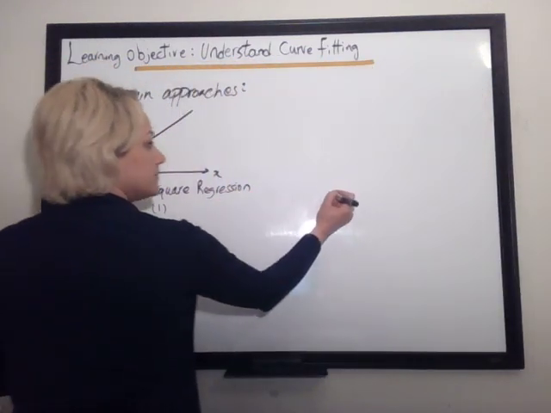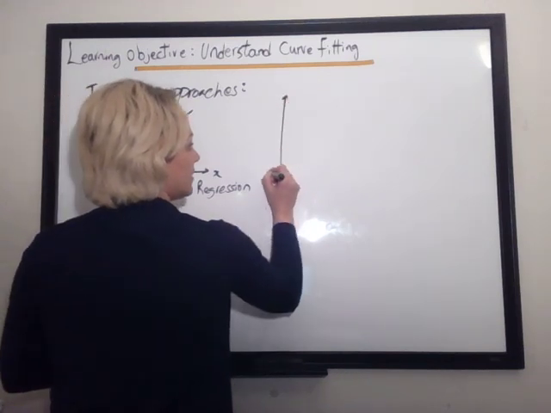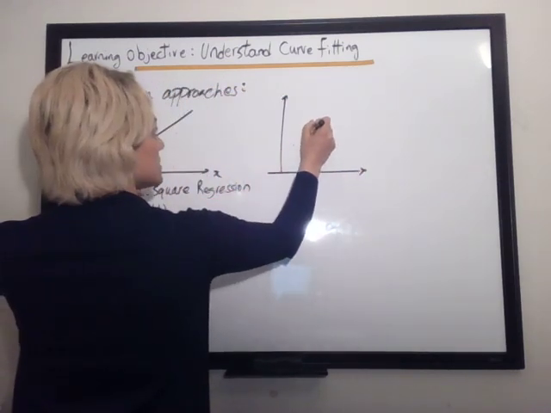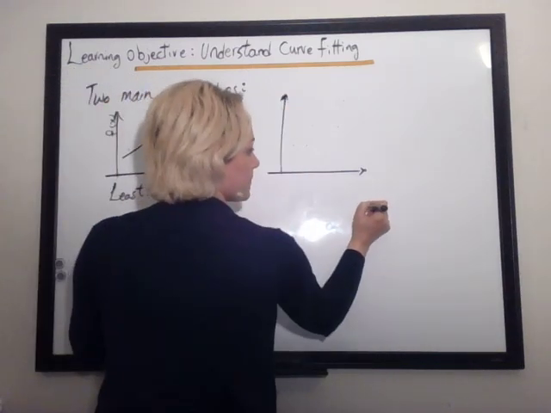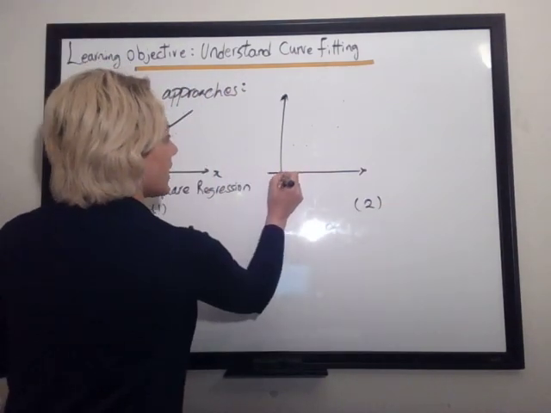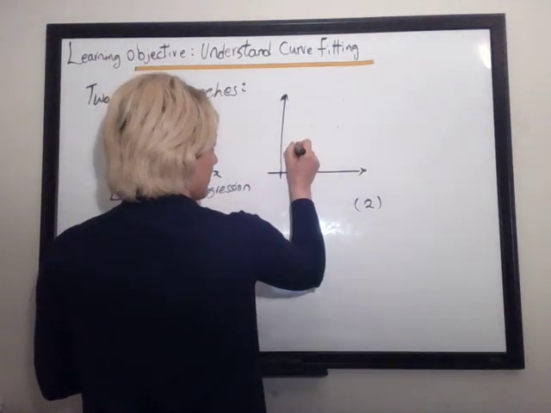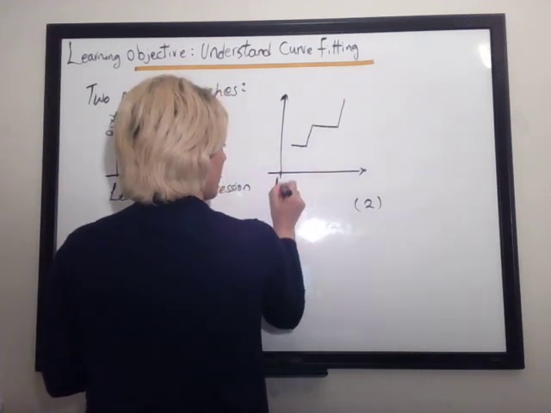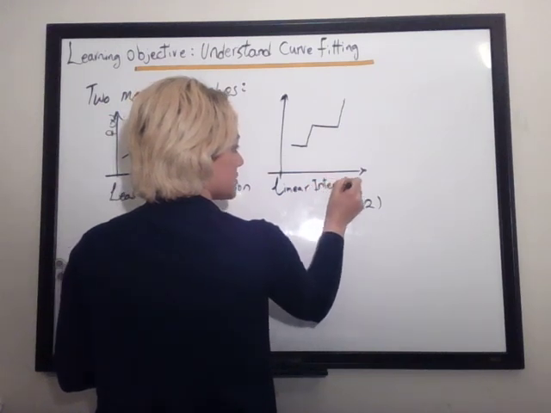So for the second one, let's say I have a similar situation here, something similar to these points. As a second approach, we can have a linear interpolation, like this, for example. So I'm going to call it linear interpolation.